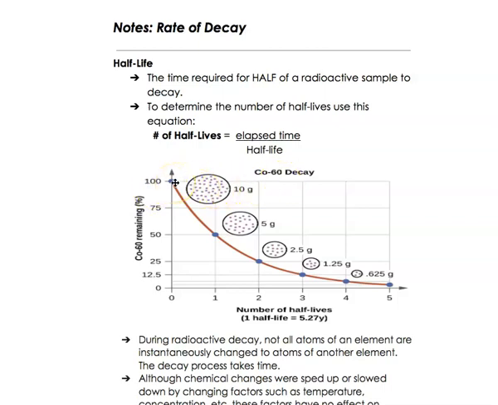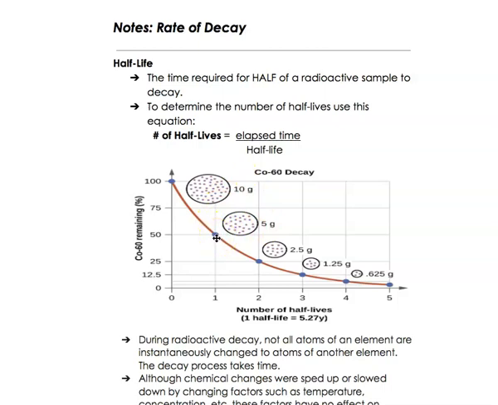It's radioactive, so over time we're going to have less and less of it. According to the definition of half-life, after one half-life, half of the sample will disappear. So it goes from 10 grams to 5 grams.